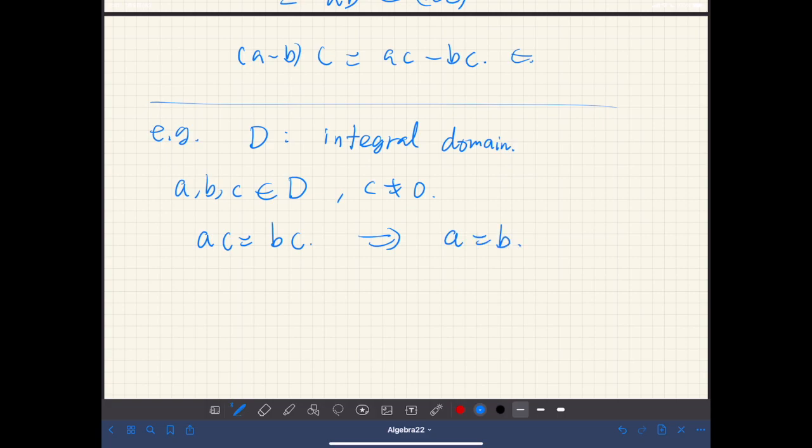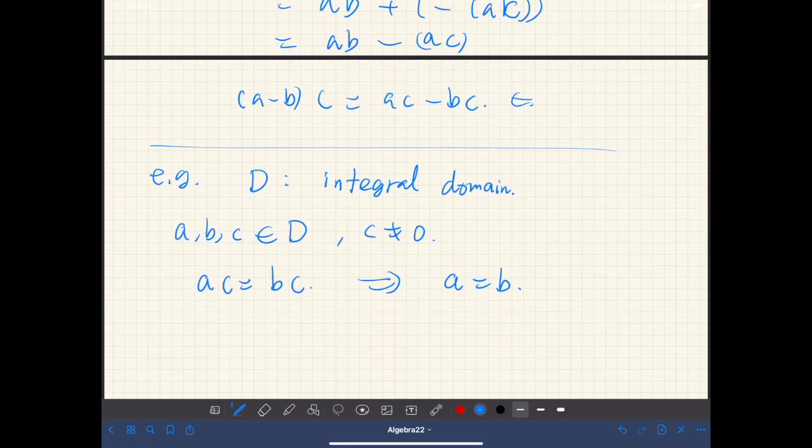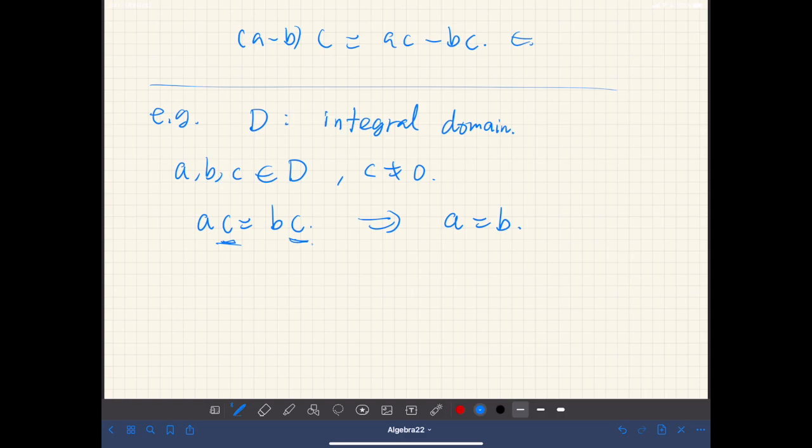So in the previous theorem, we could cancel the same terms in addition, but in this case we can cancel the same factors on both sides in multiplication.